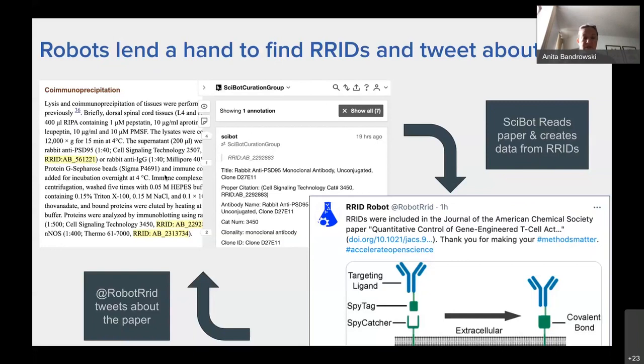And once the curator has done that, then there's another robot that actually tweets about the fact that this happened, and that whole process can take as little time as about 2 days from when a paper with an RRID is published. So that's kind of our shortest possible time to tweet from finding the paper. So in this case, RRID Robot here is tweeting that this particular American Chemical Society paper is actually using RRIDs for their antibodies. So that's kind of fun.